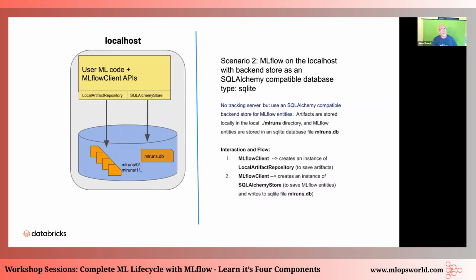Or you can use localhost with the SQLAlchemy database, whereby now all the MLflow entities are not stored on the file system, because if you have hundreds of experiments, each experiment will require a file descriptor, each parameter will require a file descriptor. Pretty soon you're going to run out of file descriptors. So you can use the SQLAlchemy database to store all your MLflow entities, and that way you have a scalable solution in your localhost.